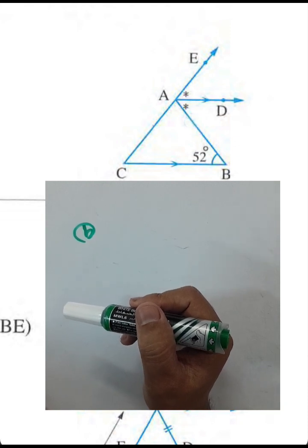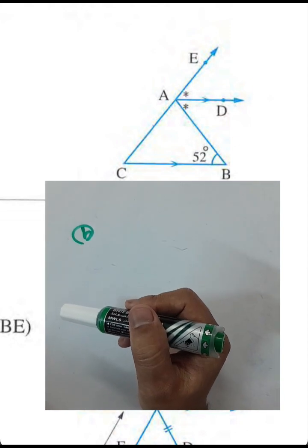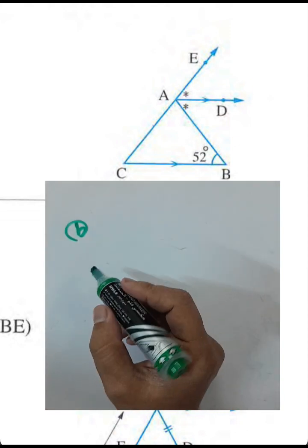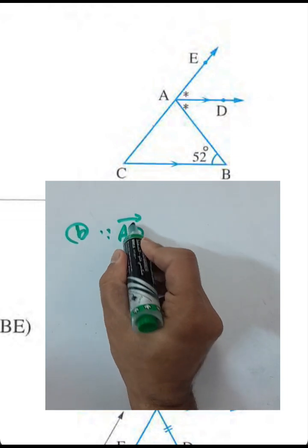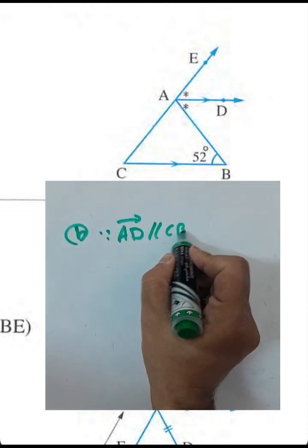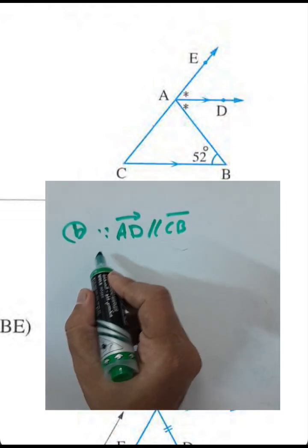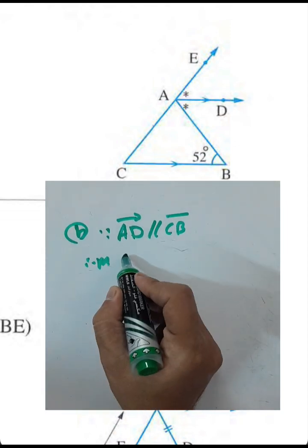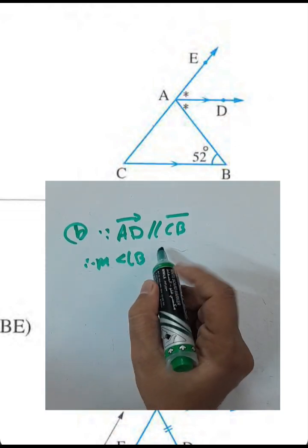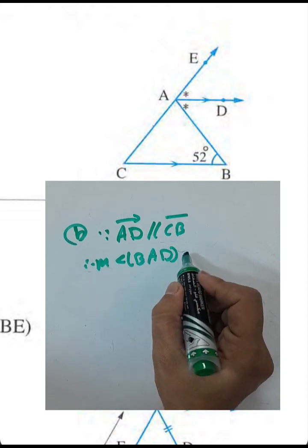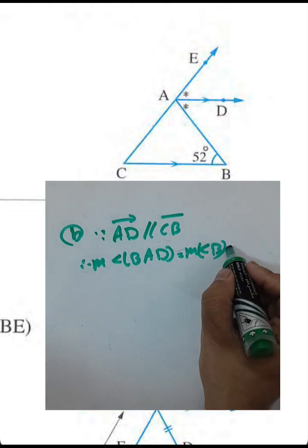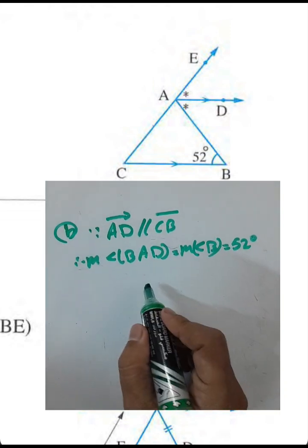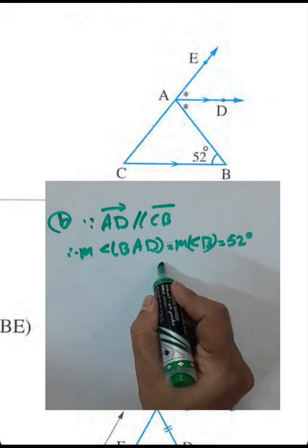Then the measure of angle DAB equals the measure of angle 52, alternate angles. Letter B here, such that AD is parallel to CB, then the measure of angle BAD will be equal to the measure of angle B equals 50 degrees. We call that alternate angles.